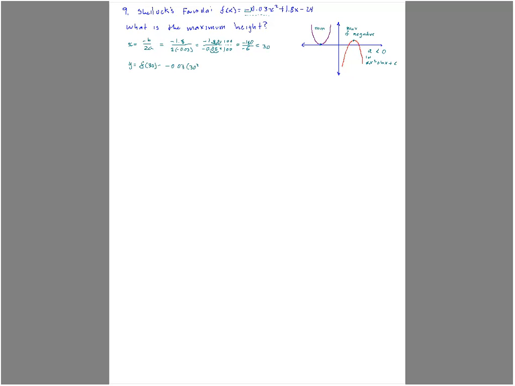30 squared times 30 minus 24. And that is equal to negative 0.03 times 90 plus 1.8 times 30 minus 24.